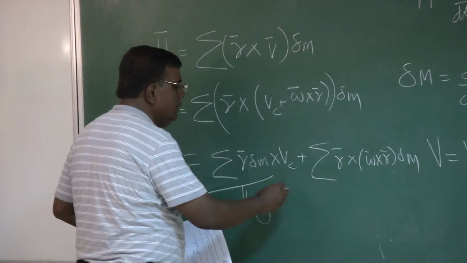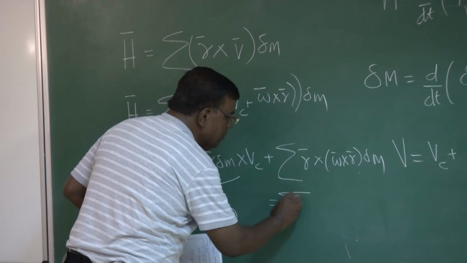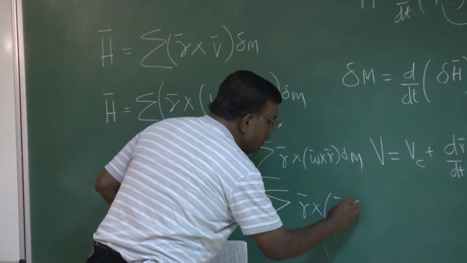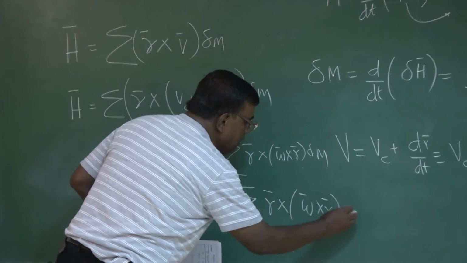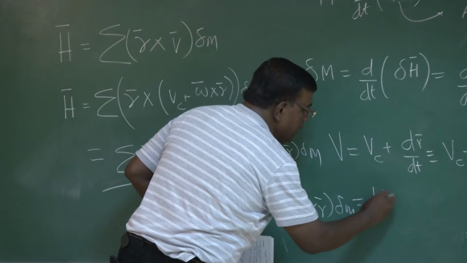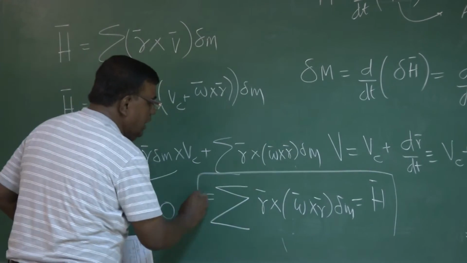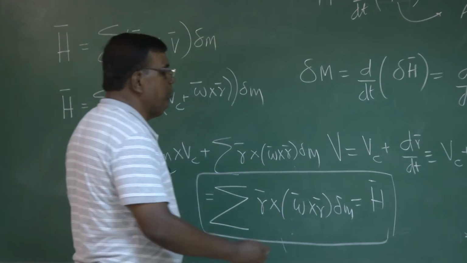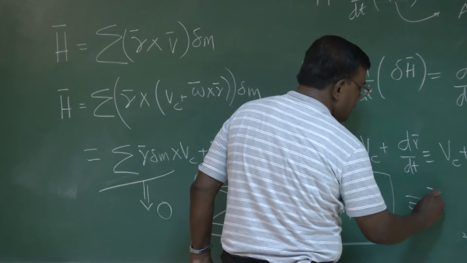So this term goes, so you only have this term, summation R cross omega cross R dm, that is equal to angular momentum H. And these are all done with respect to the inertial frame. So I always keep on repeating, all in terms of the inertial frame.